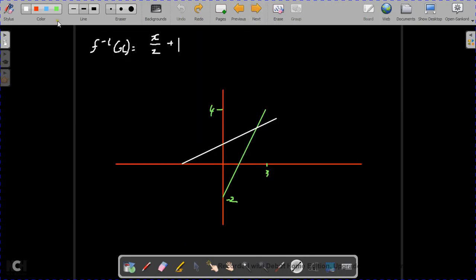Okay, so here's minus 2. Remember, this is for our domain. So minus 2. It goes up to 4 there. And what's the range? Well, that'll be from 0 all the way up to 3. So that's what we should get.